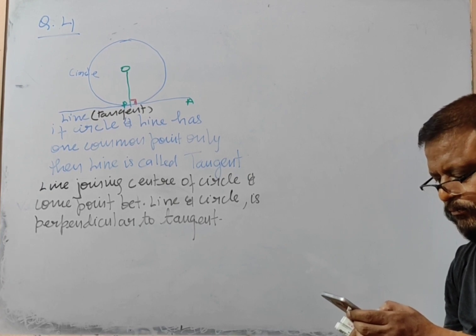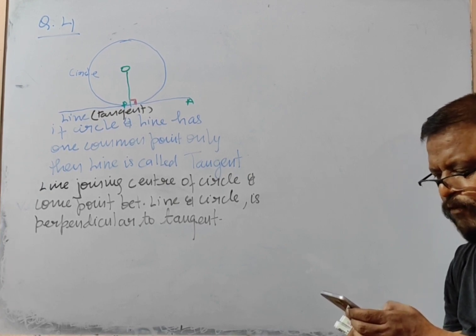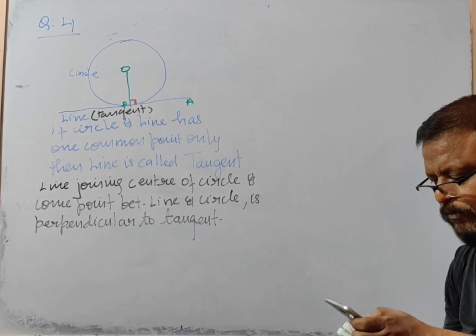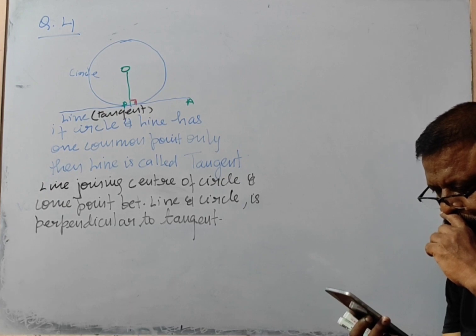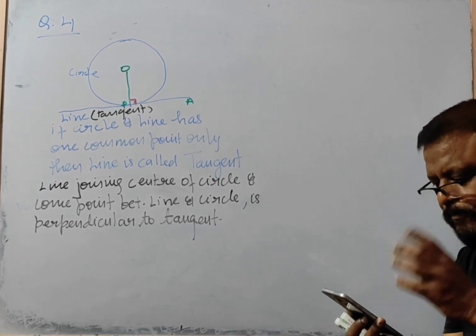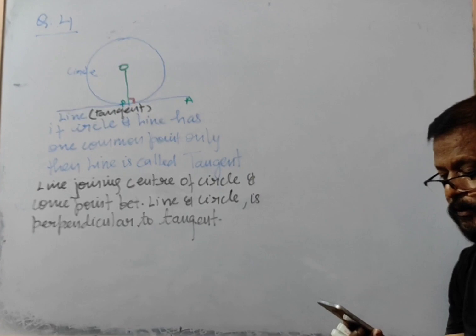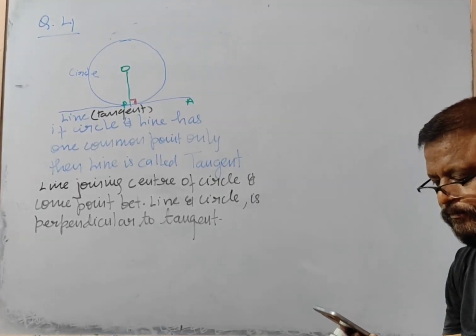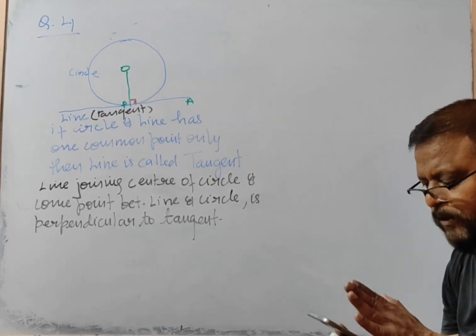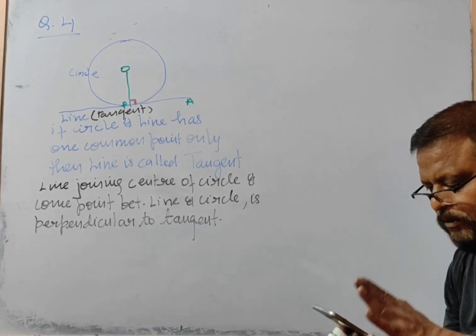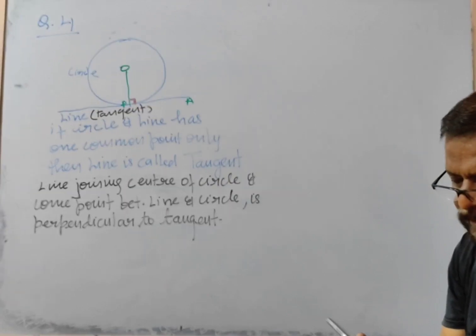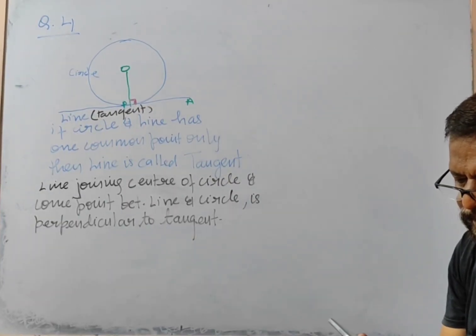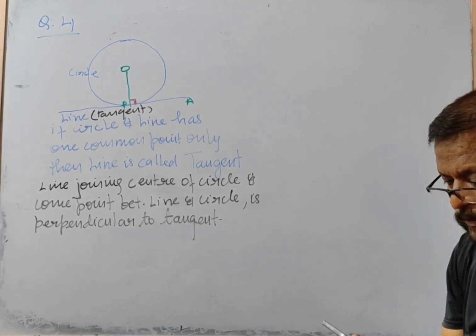But what to find here? Actually, it is not the full question here. Anyway, I'll try to solve it. No, it's visible, but what we have to find is not understandable. Anyway, you tell me something. Length of AG.